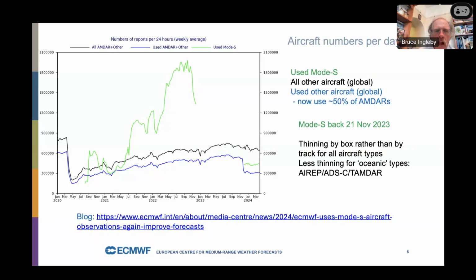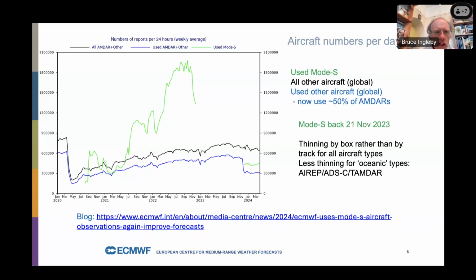And then the short haul aviation recovered, and we were using 2 to 3 times as many Mode S data over Europe as we were doing all other aircraft data globally. And I noticed we had a problem.